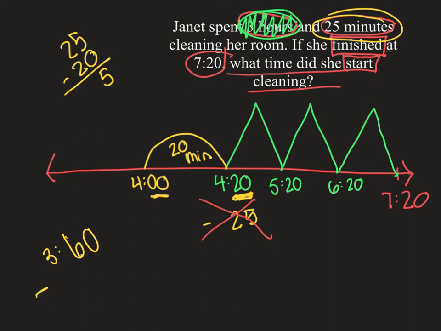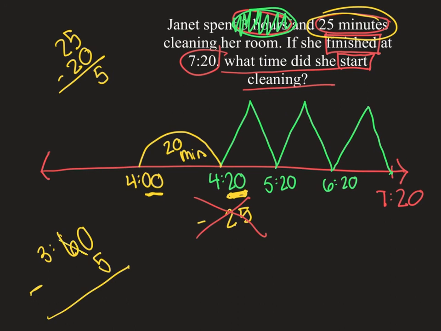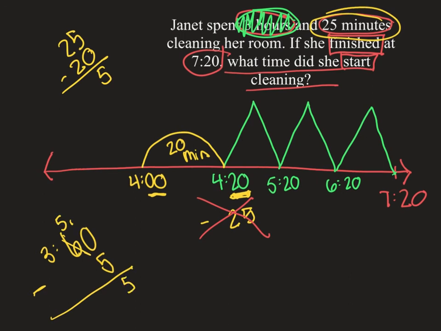And now I can subtract 5. So I can't do 0 minus 5, so I'll go next door and borrow. And that is a 5. So 10 minus 5 is 5. 5 minus nothing is 5. And then you have a 3. So I jump back 5 minutes. And I get 3:55.